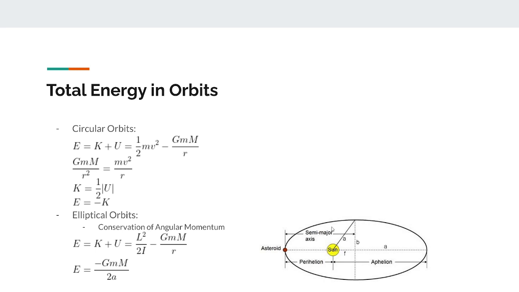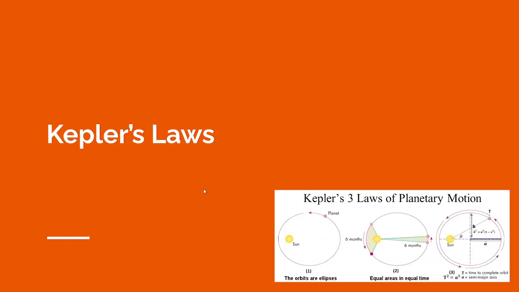If you have a point on this orbit, the length between that point and the 2 foci is always going to be equal to 2a. So that's also something really nice to keep handy. Remember conservation of angular momentum, and we have the energy equation that was just shown here. And so now we can move on to Kepler's laws.